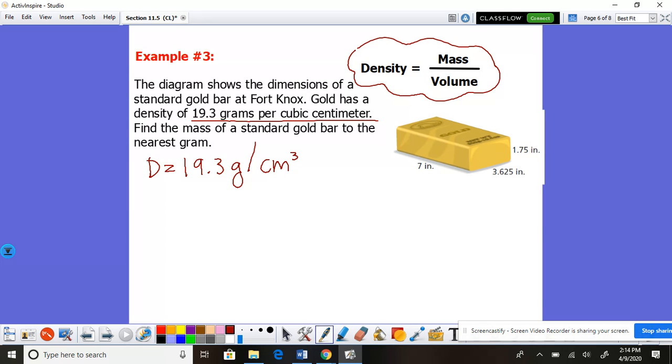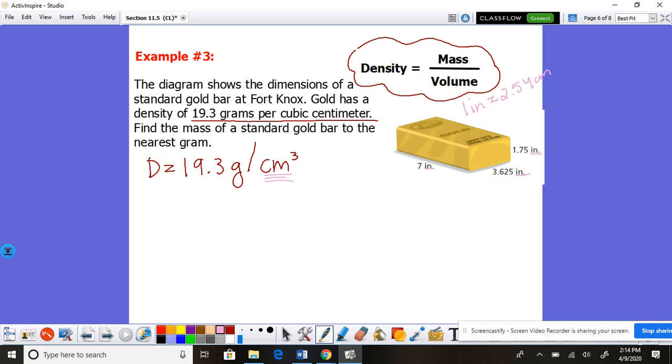All right, well, when I'm looking at this, I first note that this is in centimeters and each of these are in inches. Okay, so I want to convert each of these sides of the gold bar, I want to convert those inches to centimeters. So 1 inch is roughly 2.54 centimeters.